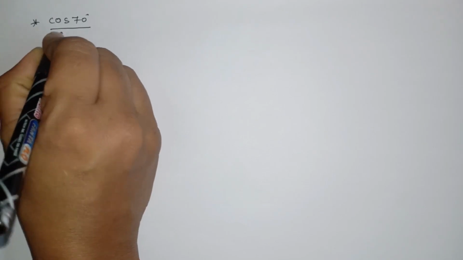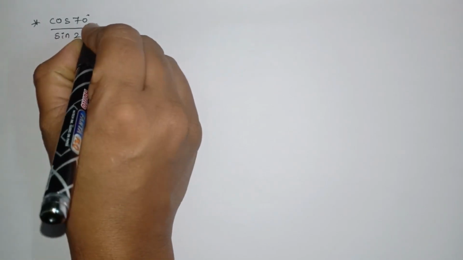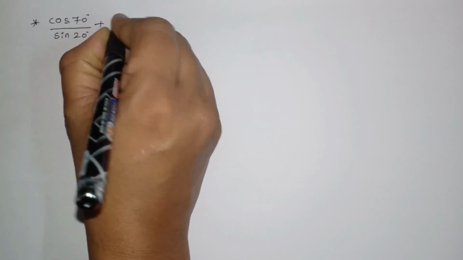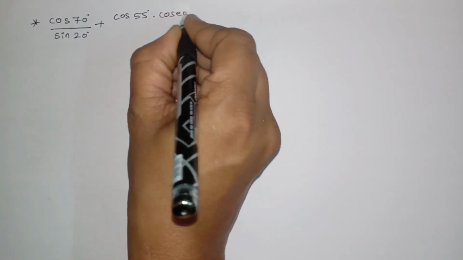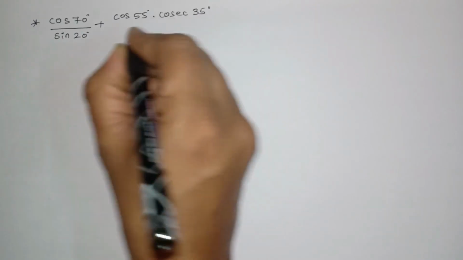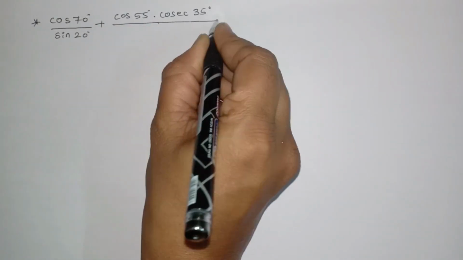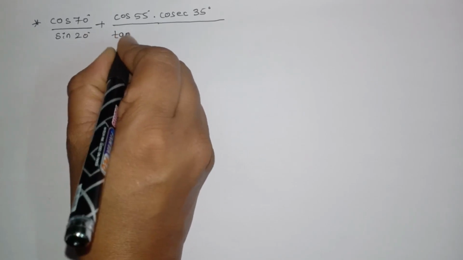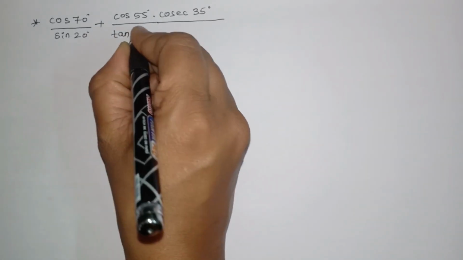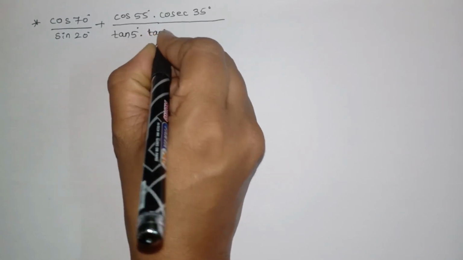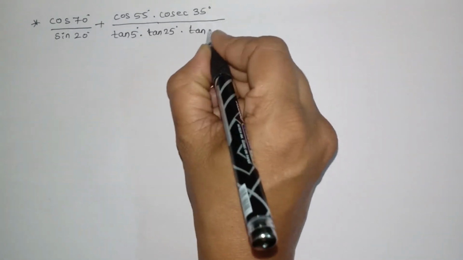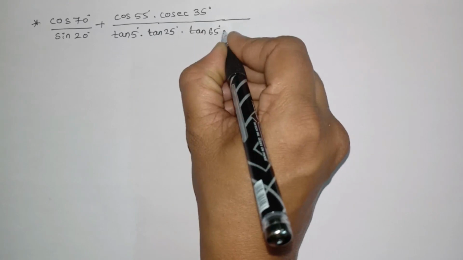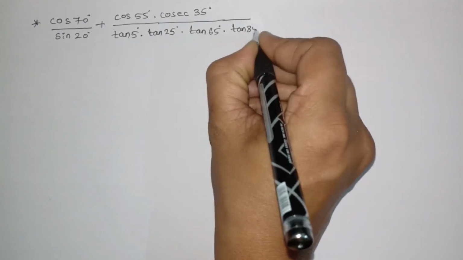cos 70 degree divided by sin 20 degree plus cos 55 degree into cosec 35 degree divided by tan 5 degree into tan 25 degree into tan 65 degree into tan 85 degree.